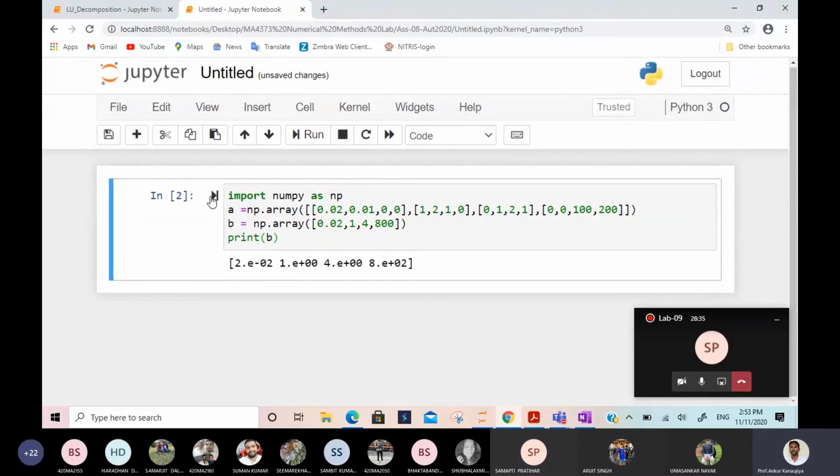So can you tell me what command I have to write so that it will solve? Like analytic method by using linear algebra library.